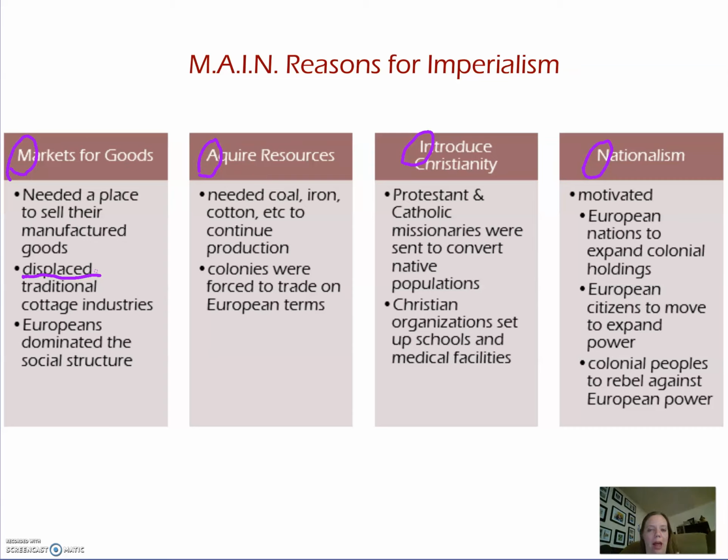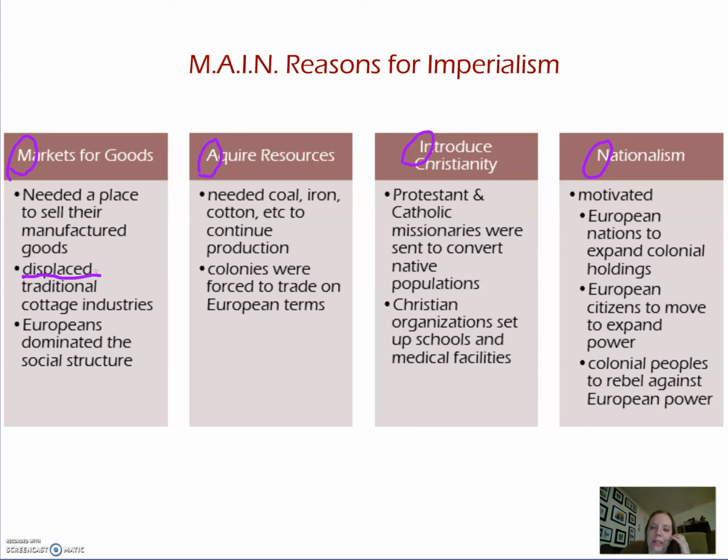Particularly Japan has this as an issue where they want to industrialize, but they can't pull the resources that they need from the archipelago of Japan, so they have to expand outward to find more resources. But all the countries are doing the exact same thing. And one of the things that the British do is they go to India and grow their cotton in India, so they don't have to pay for importing it from other places like the American South.